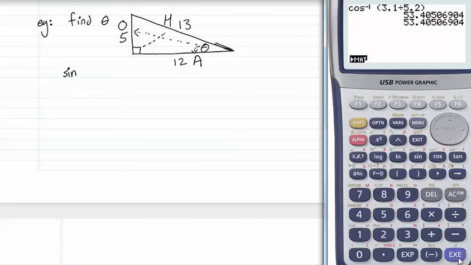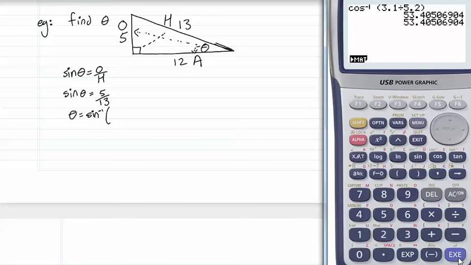So we choose a ratio, write the ratio. Sine is opposite over hypotenuse, don't forget theta. That's sine of the angle, opposite is 5, hypotenuse is 13, so we substitute that in. And then we rearrange. I've got sine theta, I just want theta. So theta equals inverse sine, sine with a little minus 1, of 5 over 13.